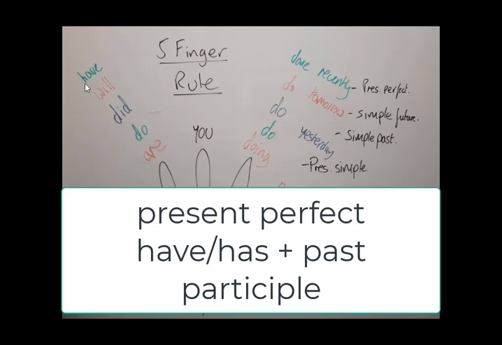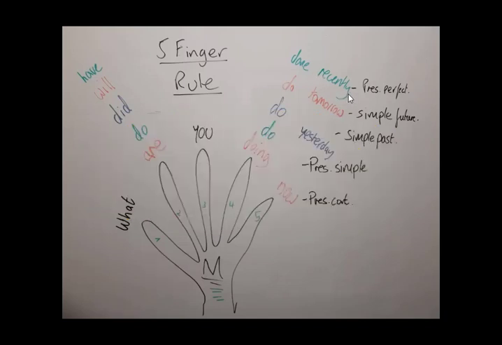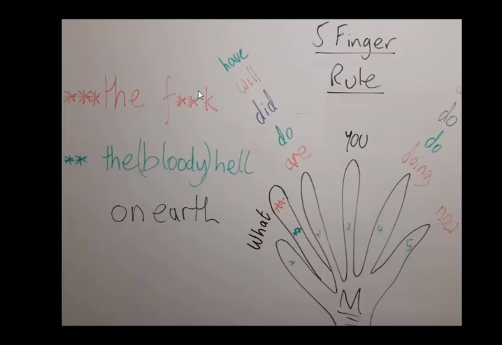We need the have or has with its he, she, it, the have or the has, and then the third form, the so-called past participle PP, and here we have done, and maybe the key word recently or lately, for example.